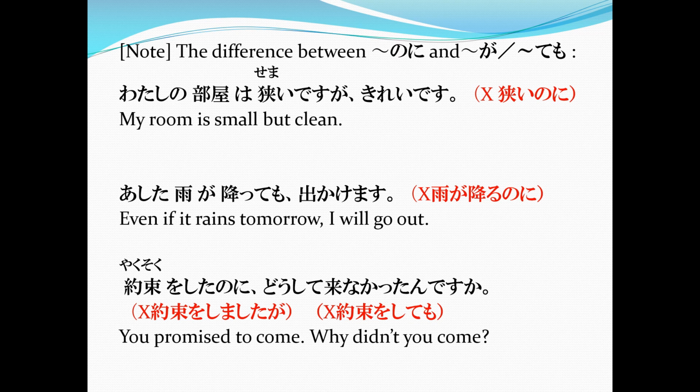So in this one, we don't use 約束をしましたが, neither do we use 約束をしても, because we are expressing our disappointment over the situation. わかりました皆さん? Was I able to clearly express to you how to use noni in a sentence? I hope so, and I know you did.